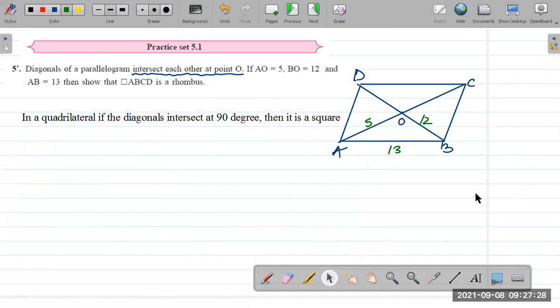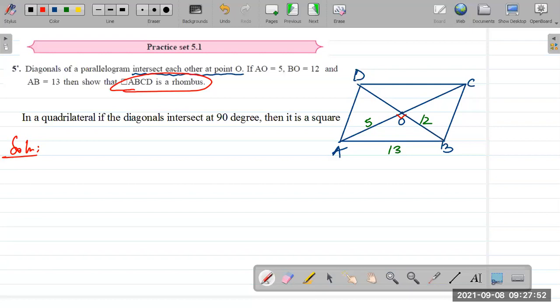That means we have to prove that this angle O is 90 degrees. In order to prove that this is a rhombus, we need to prove that this angle is 90 degrees.